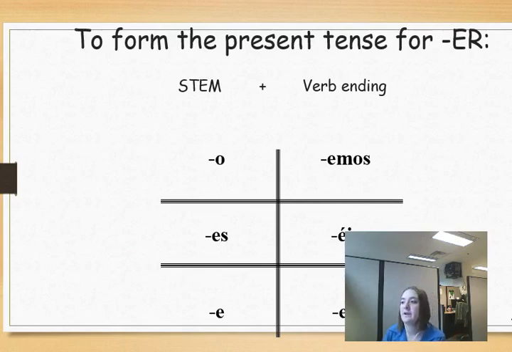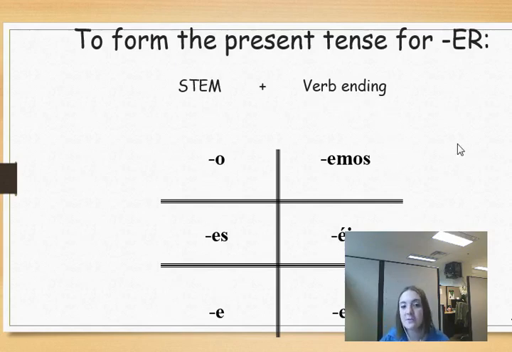So what you'll do is you'll take the ER off the ending, and then for each subject pronoun that belongs in each box, you will add an ending. So, after removing the ER, the yo form will have an O ending. The tú form will have an ES ending. The él, ella, usted forms will have an E ending.